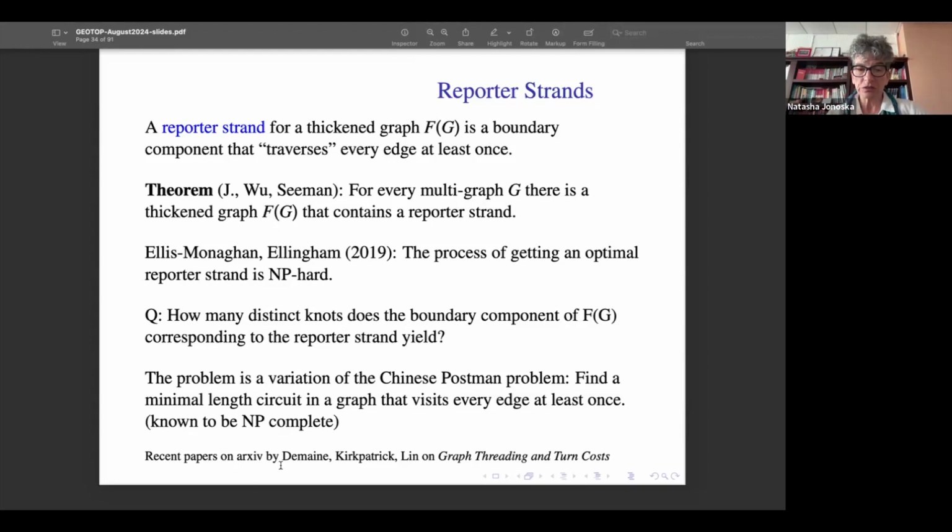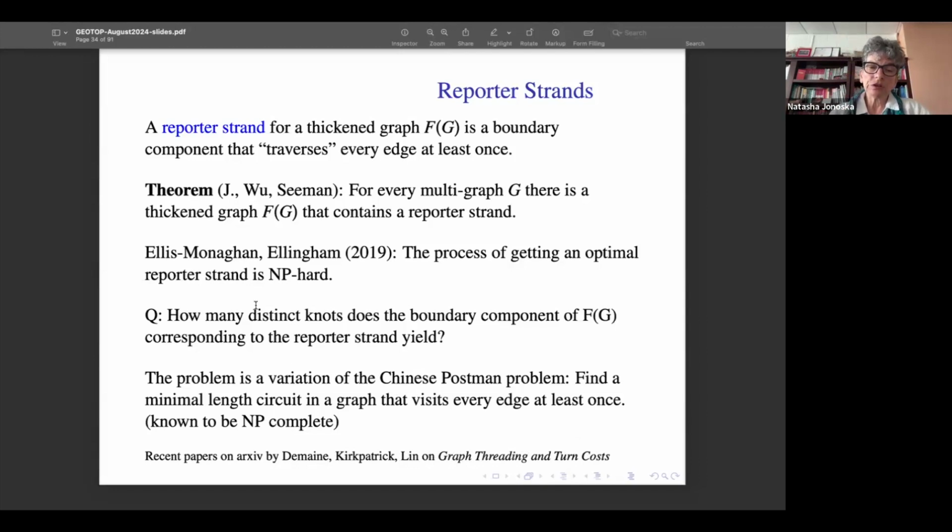And actually this year, just a couple months ago, Demaine, Kirkpatrick, and Lin, Eric Demaine is a professor at MIT. You might have known. So they just posted on arXiv another variation of the Chinese postman problem with threading of the graph, graph threading and turn costs.